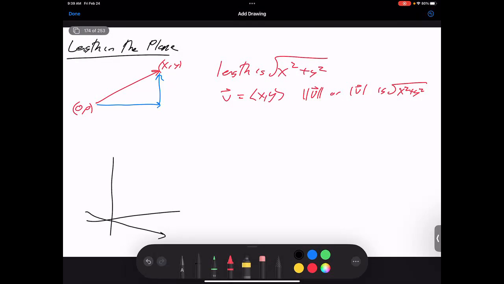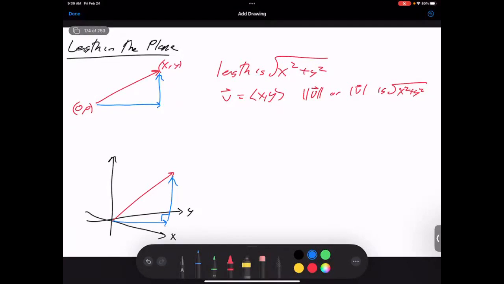So let's say we have something like this. Here's my X direction, here's my Y direction, here's my Z direction. And I've got some vector coming out like this. Well, what I can do is, we talked a little bit about this earlier in the day, foreshadowing, I can try to write it as the sum of 2 vectors, where one vector is in the XY plane, and the other one is going just straight up in the Z direction.